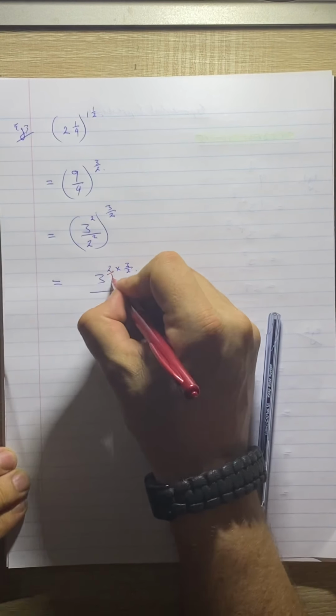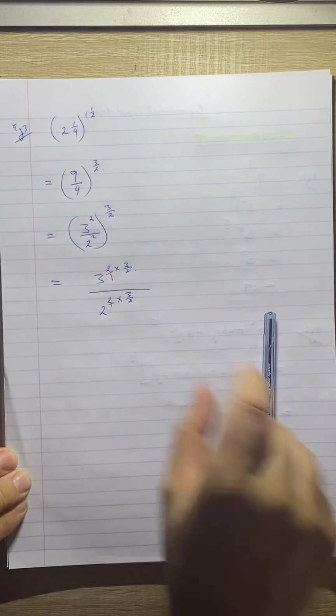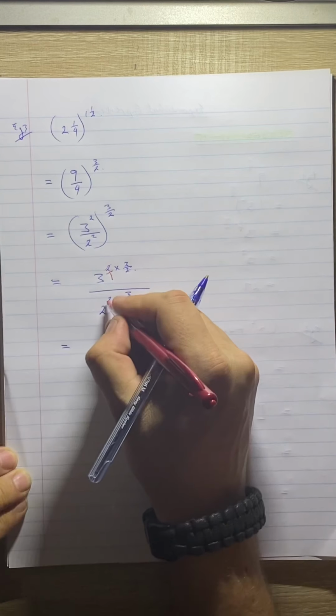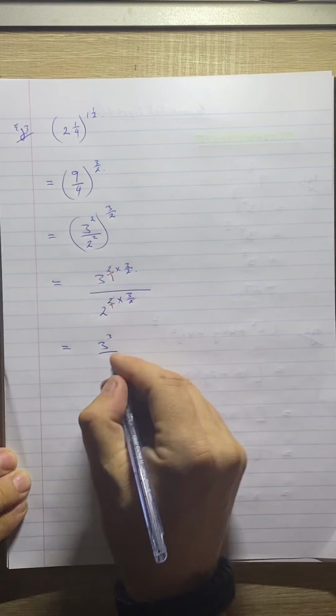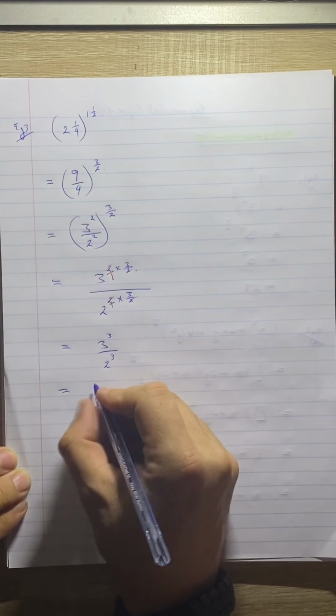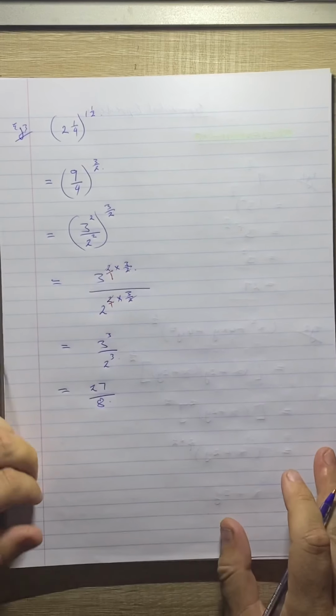These 2's will cancel. Remember, that's over a secret 1. Those 2's will cancel and you're left with 3 to the 3 over 2 to the 3. Okay, so 3 to the 3 is 27 over 2 to the 3 is 8. And there's our final answer.